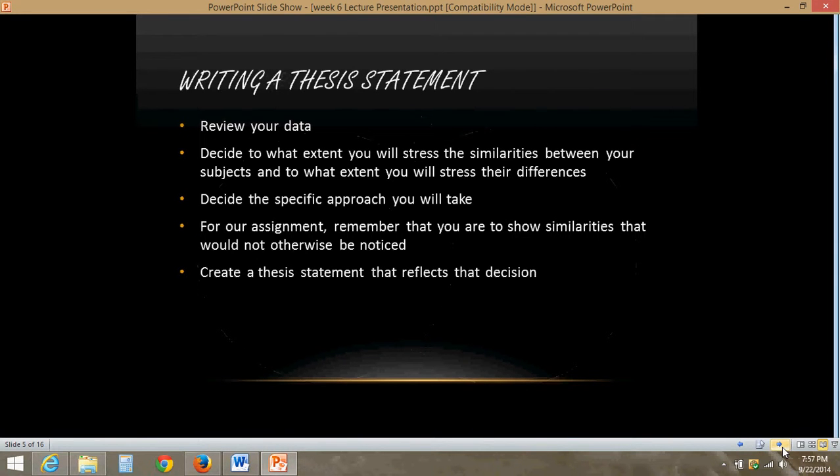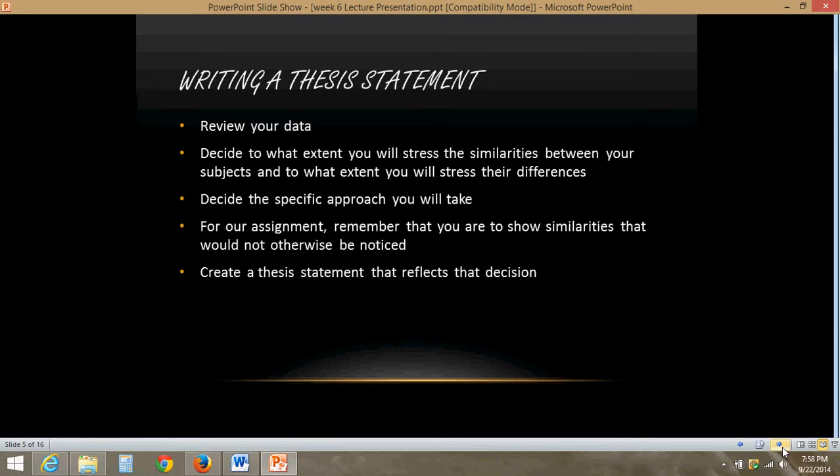So once you've decided your focus, what your topic is, and then determine those areas of focus like mileage, cost, and so on and so forth, you can actually start to write a thesis statement.